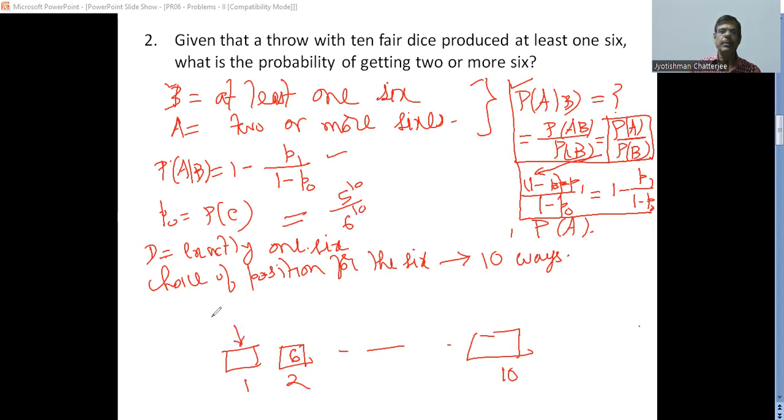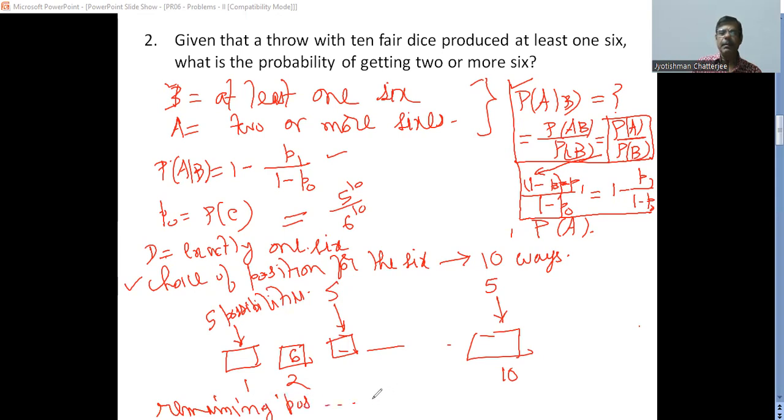For position number 1, now there are 5 possibilities because 6 cannot appear anymore here. And position number 3 also 5 possibilities, and so on up to position number 10. So once this choice is made, remaining positions can be filled in 5 to the power 9 ways.